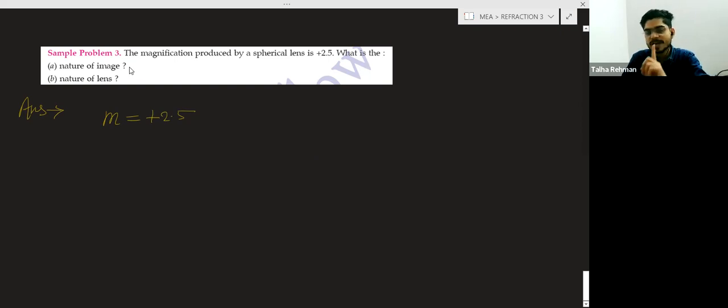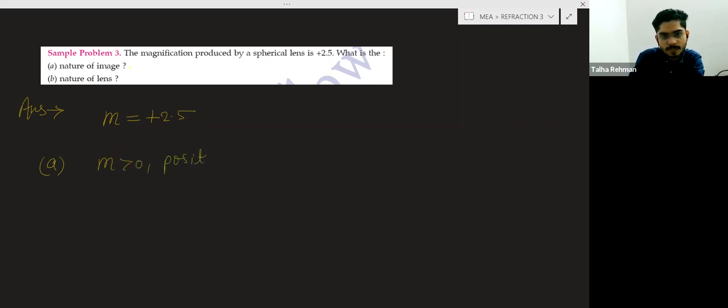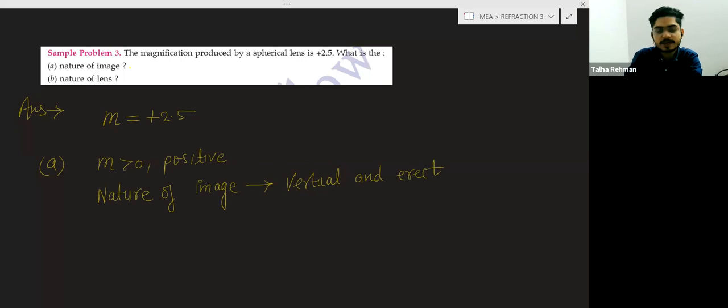the image. I have told you, if your magnification is positive, you can solve very easily. If your magnification is greater than 0, or positive, then simply you can say the nature of the image will be virtual and erect.